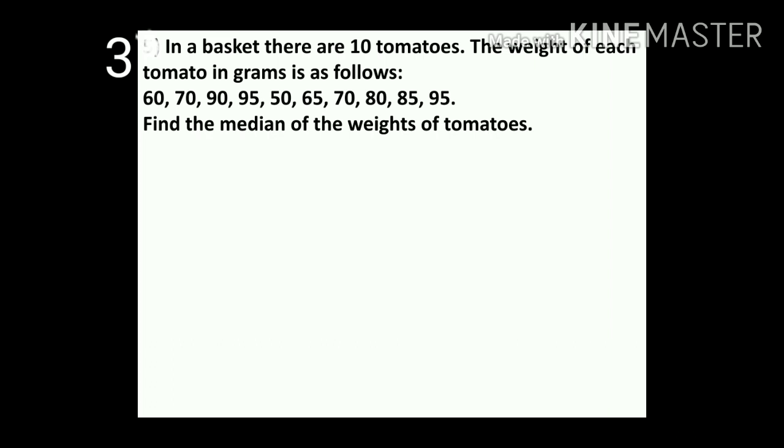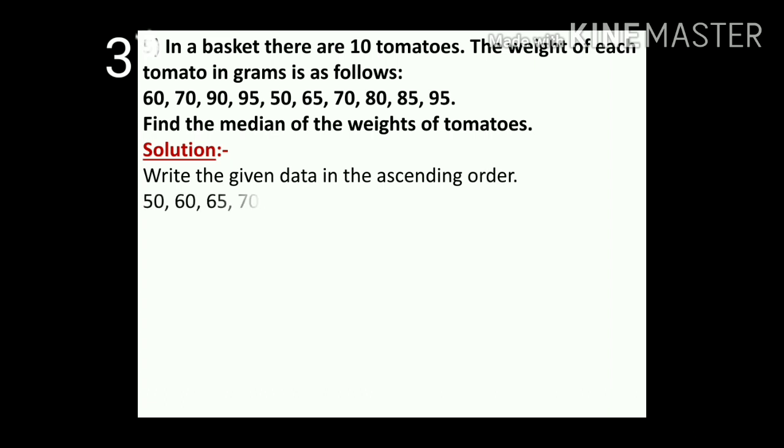Here, children, we have to find the median of the weight of tomatoes. For finding the median, what we have to do, children? The first step is what? First of all, children, we have to arrange the numbers in ascending order. Okay. So, solution. Write the given data in the ascending order.